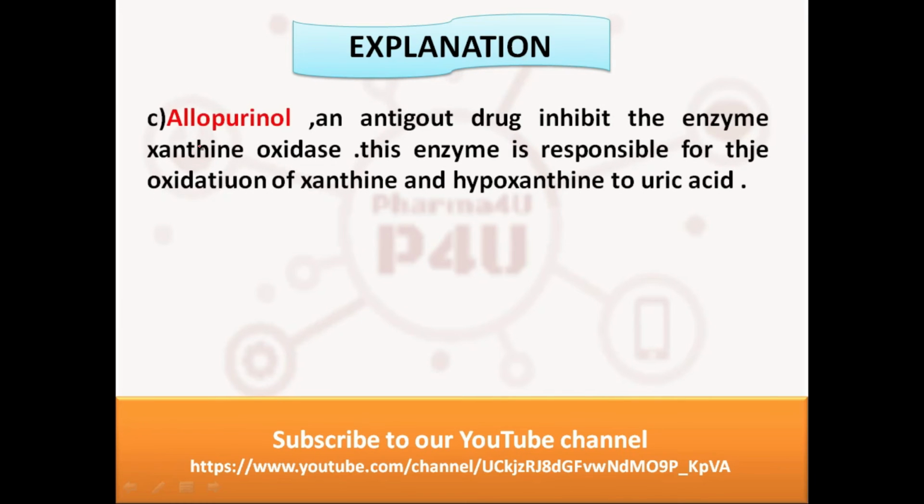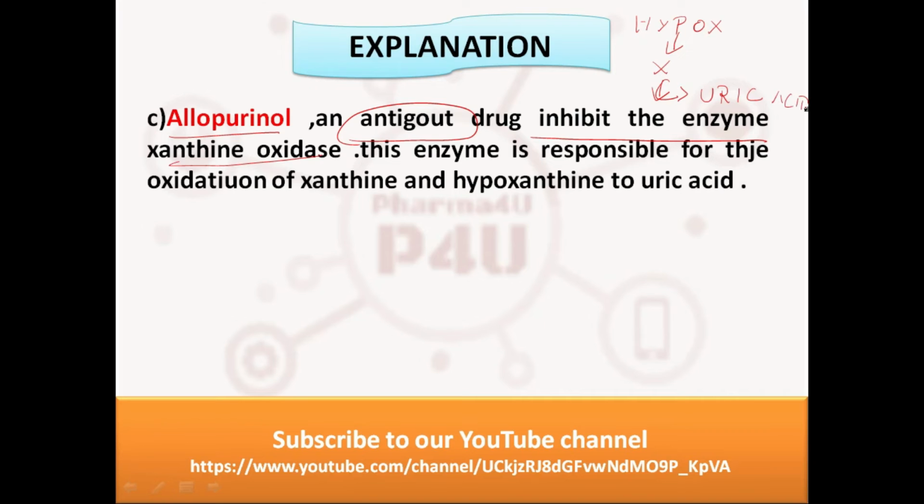First, allopurinol is an anti-gout drug, and what is its mechanism of action? It inhibits the enzyme xanthine oxidase. How does it inhibit the enzyme? Let's discuss that. Hypoxanthine converts into xanthine, and xanthine converts into uric acid.